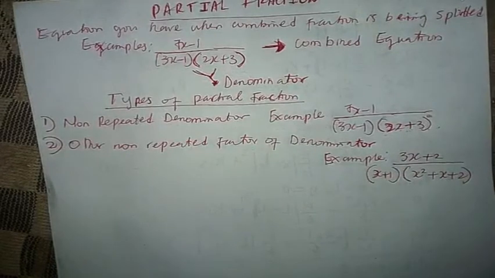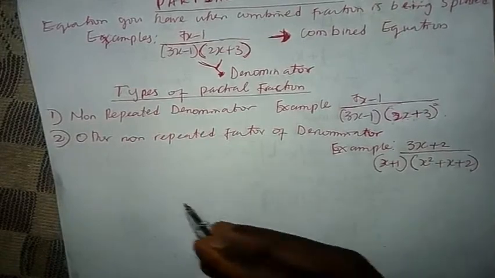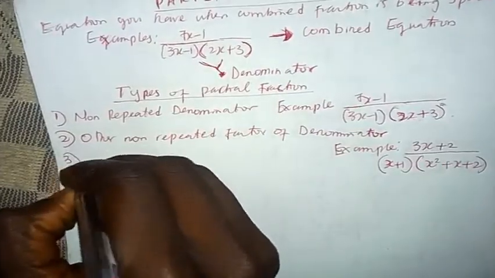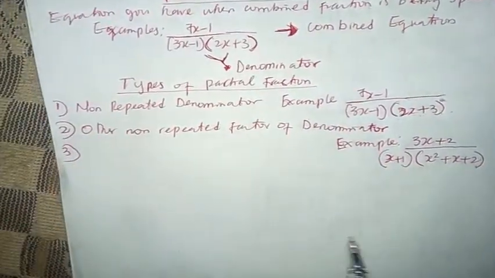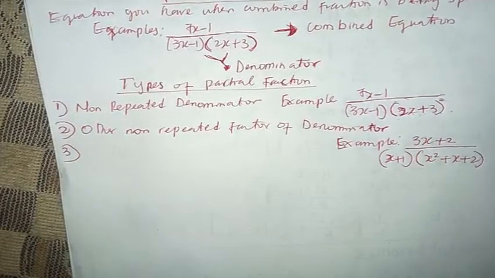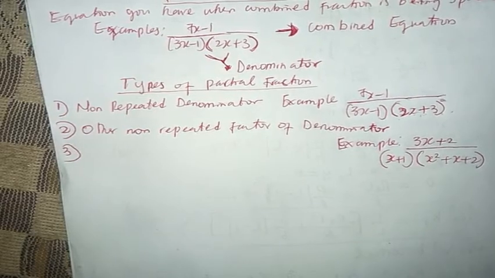So that is the second one, and the third one is what we call an improper fraction.